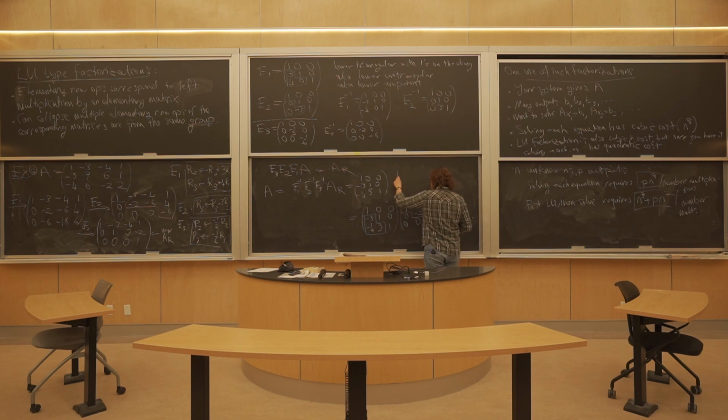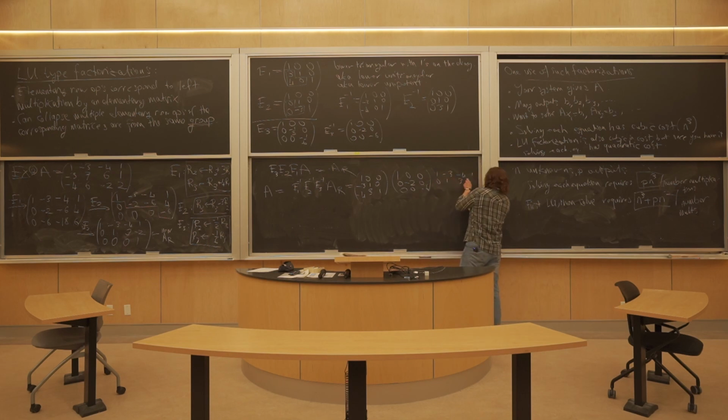And then I have 1, minus 2, minus 6. And then that matrix over there: 1, minus 3, minus 4, 1, 0, 1, 3, minus 2, 0, 0, 0, 1.